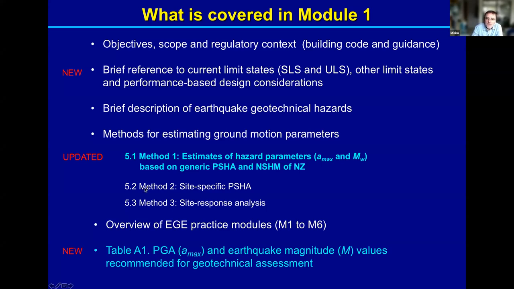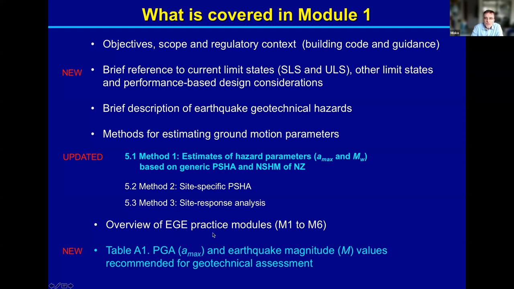Method 2 is really site-specific probabilistic seismic hazard analysis, so a little bit more detailed assessment of the hazard at a given location. And then method 3 is site-specific probabilistic seismic hazard analysis, and in addition to that, site response analysis.